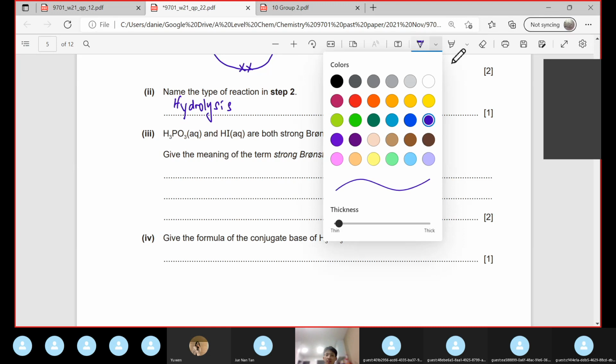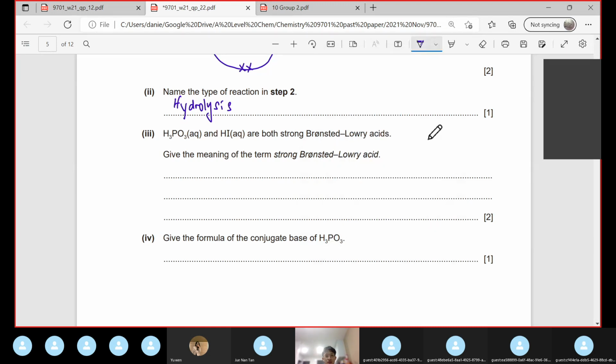Okay, next is strong Bronsted-Lowry acid. In your syllabus, you only learn one definition of acid and base, which is Bronsted-Lowry. You didn't learn about Arrhenius, you didn't learn about Lewis.